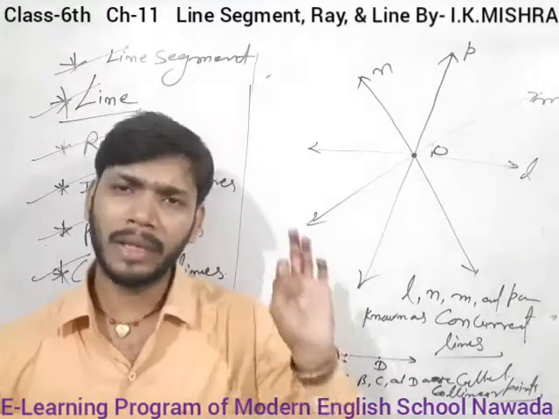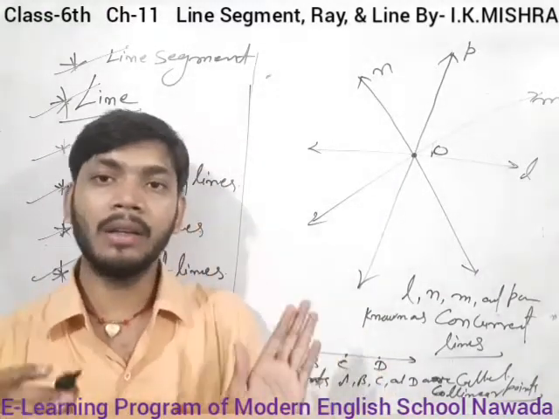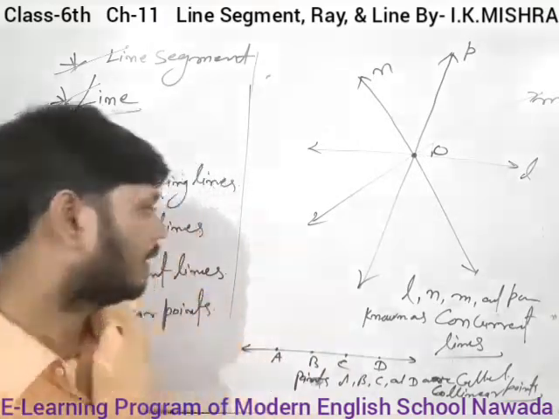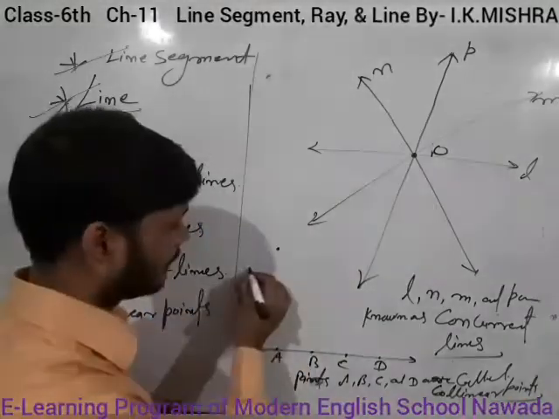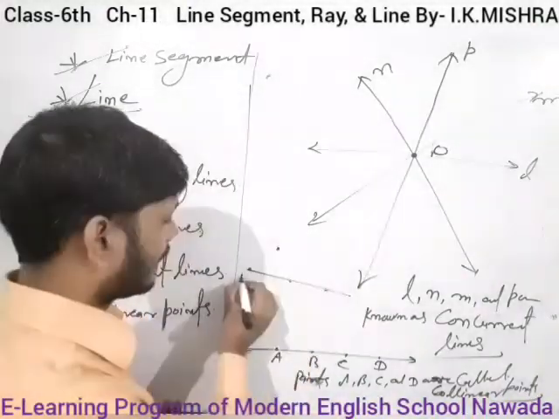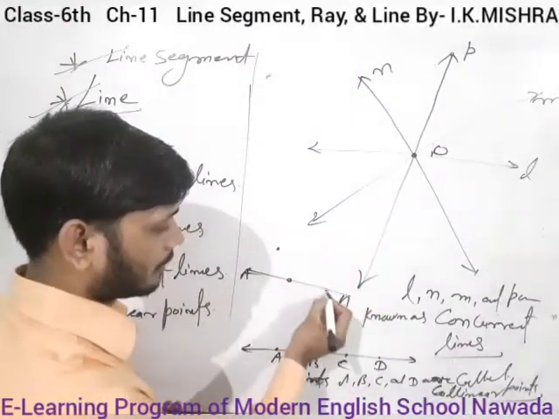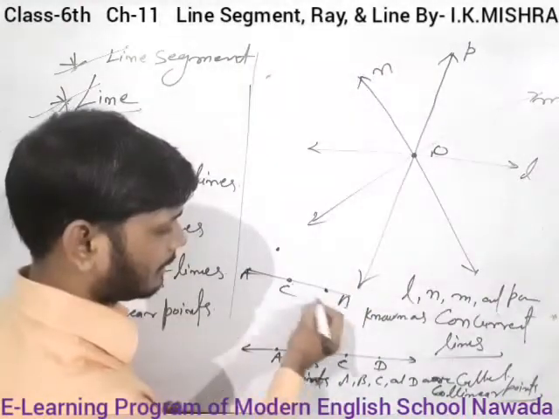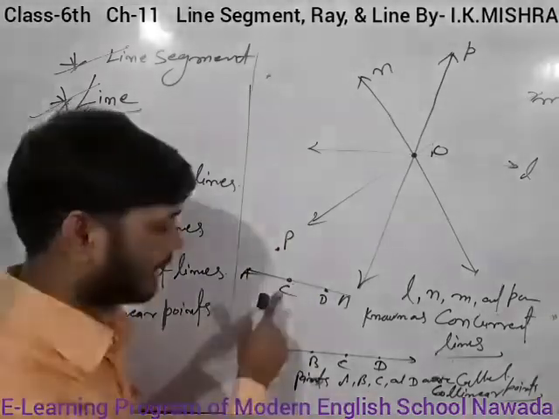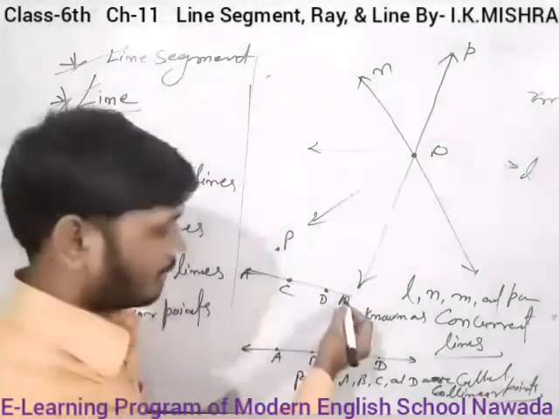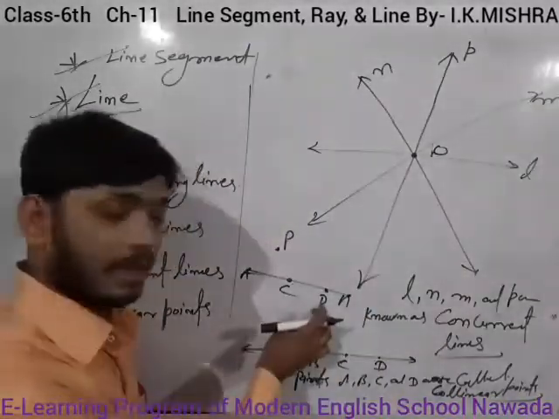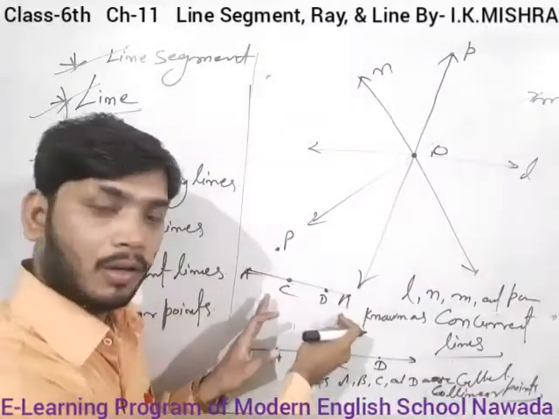Collinear points means those points lying on a common line. But here, students, I draw a line AB, with points A, C, D, B and also P. Here A, C, D, B lie on the same line, so these A, C, D and B are called collinear points.